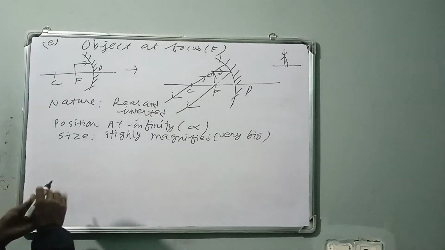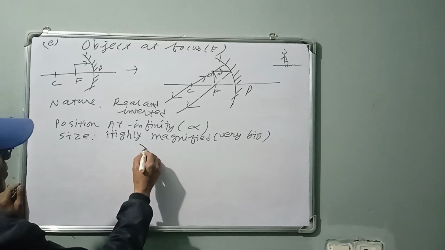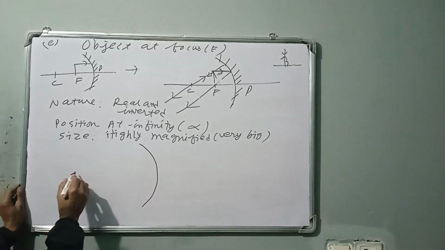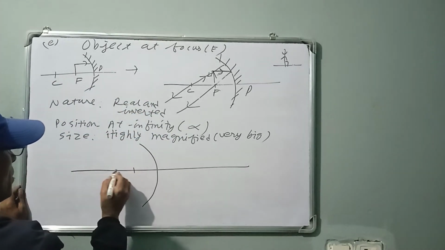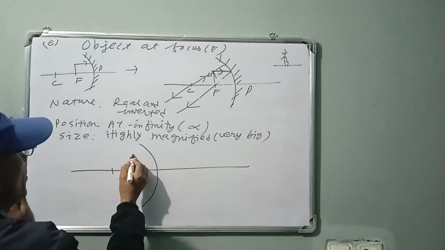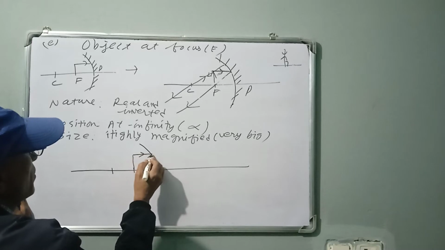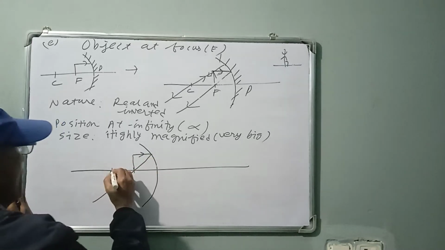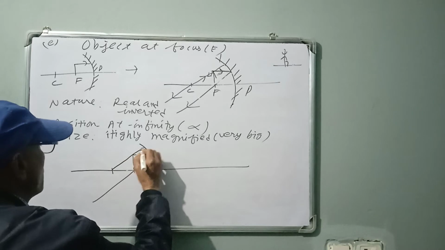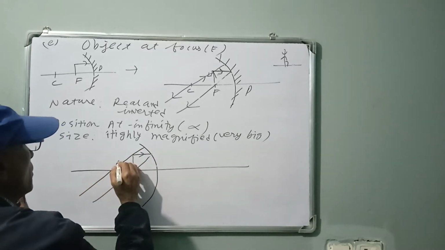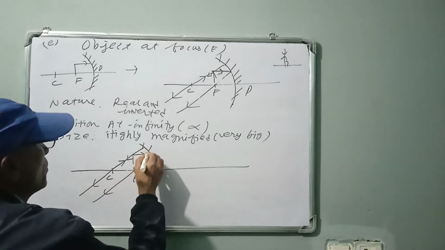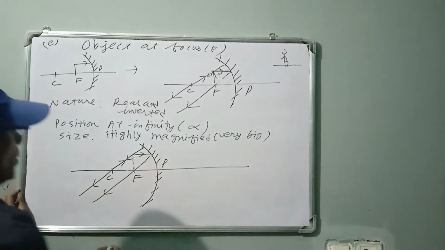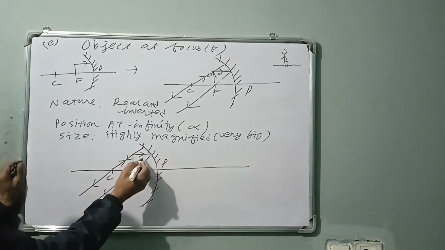Drawing technique again. See, concave mirror, principal axis, focus, center. Object. See, a parallel ray passes through the focus.